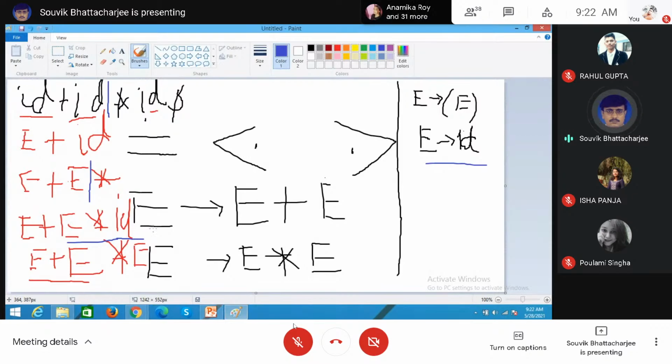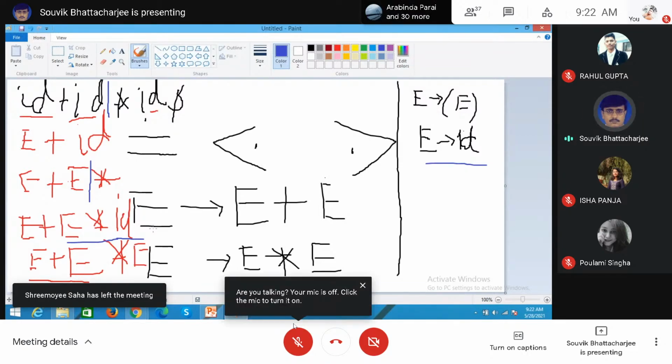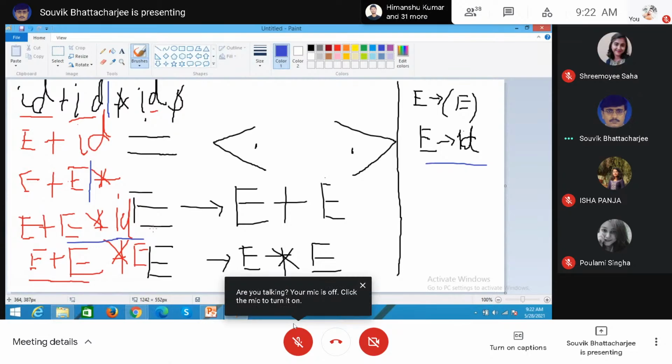This is a situation where either you can shift or you can reduce, and this is an example of a shift-reduce conflict. Suppose you have chosen the action shift.